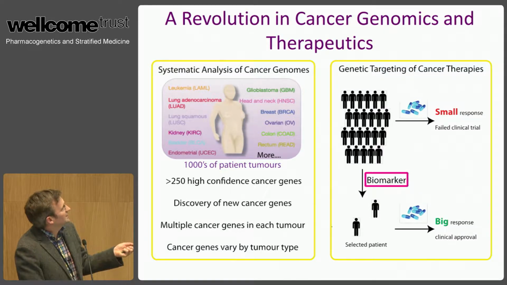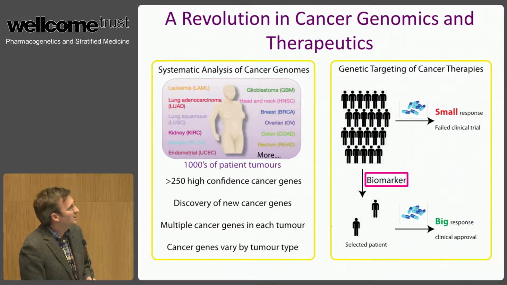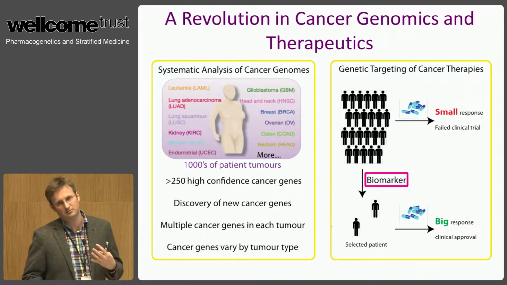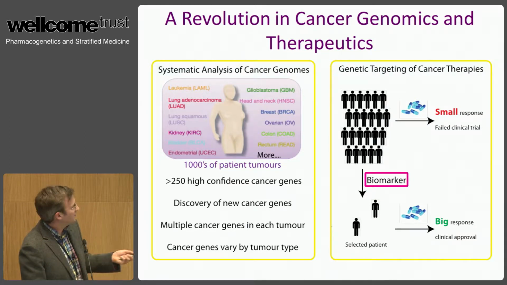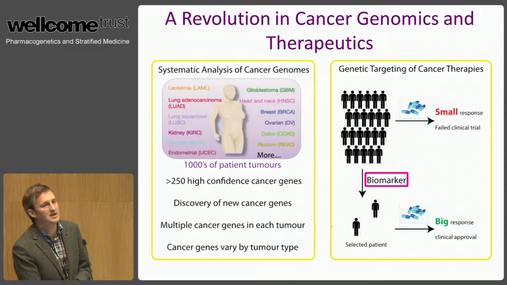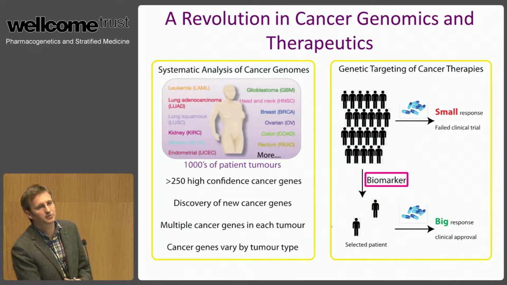And unfortunately, this has generally led to very, very low success rates. But increasingly, there's a recognition that if one can stratify patients appropriately, you increase the probability of observing clinical responses and ultimately success. And it's based on the identification of biomarkers that can help with this process.